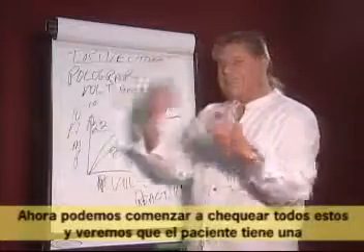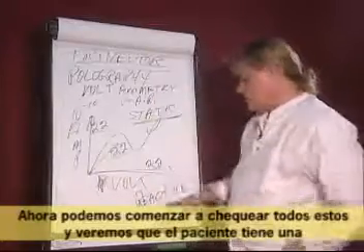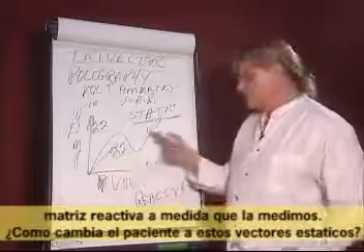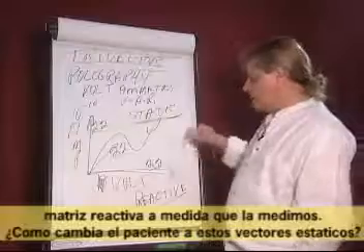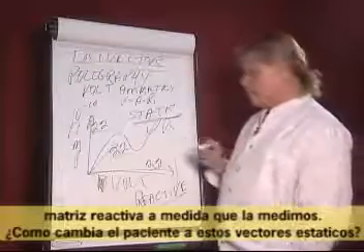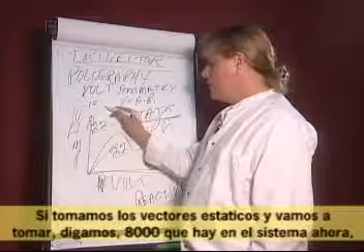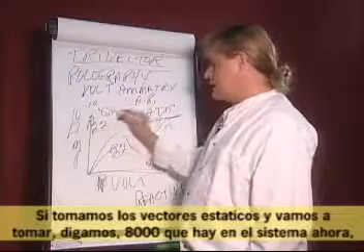So now we can start to check all this. We will see that the patient has a reactive matrix as we measure it. How does the patient change to these static vectors? If we take the static vectors, let's say we take 8,000 of them, which are in the system now.